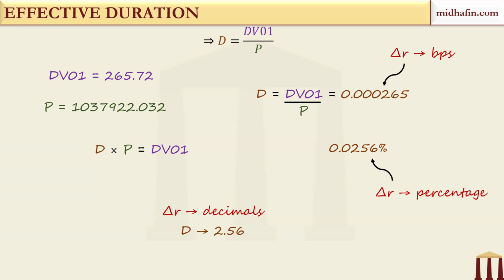So always remember when you are calculating duration from DV01, the final formula should look like DV01 times 10,000 divided by the price of the bond. That will be the final formula to calculate the duration, and that will always give you a result like 2.56 or whatever. So 2.56%, and I would interpret it as: if the interest rate changed by 0.01 or 1%, then the value of the bond will change by 2.56%.